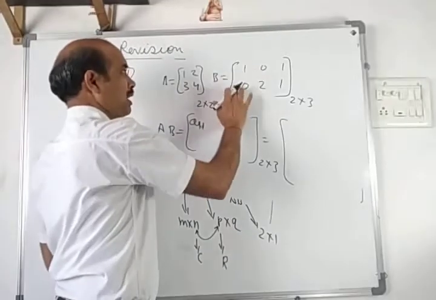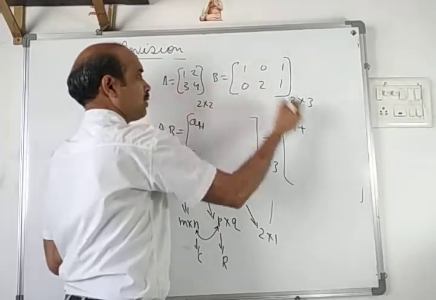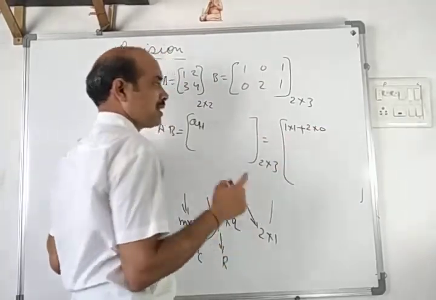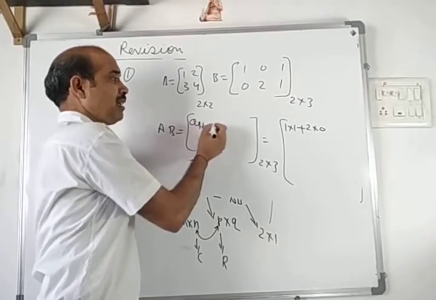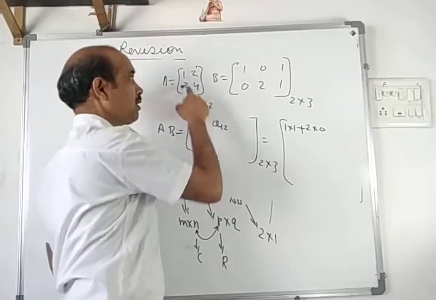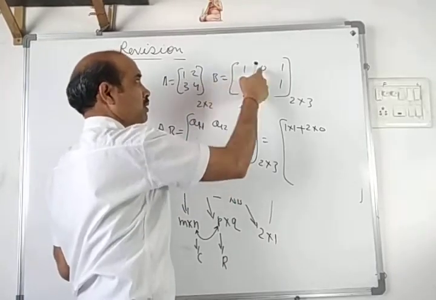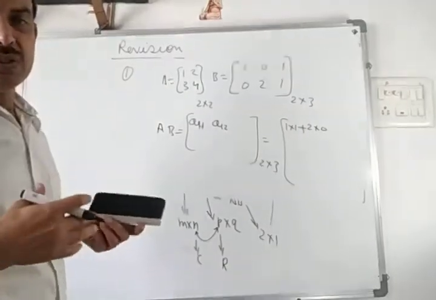So we have to multiply 1 by 1, that is 1 into 1, plus 2 into 0. This is the way to get the first element. Similarly, this will be first row, second column. So you have to take the first row with the second column, 1 into 0 plus 2 into 2. So this is multiplication of two matrices.